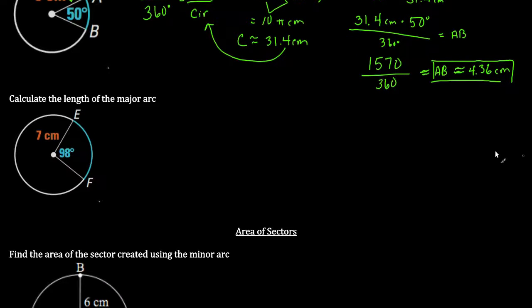Now, if you wanted to do the major arc, remember this is the minor, and this would be the major one. So instead of using this 98 degrees, we have to do 360 minus 98. So let's subtract: 262 degrees.